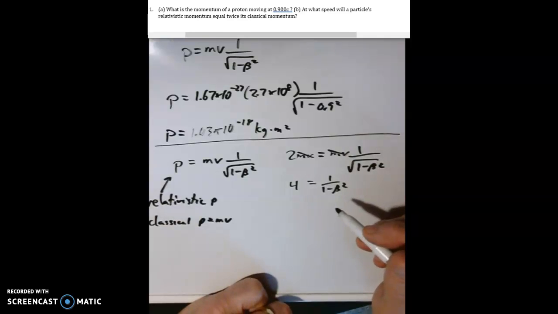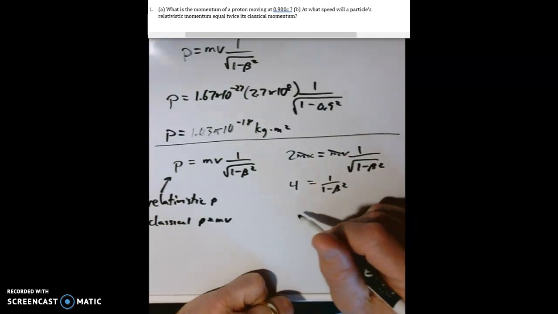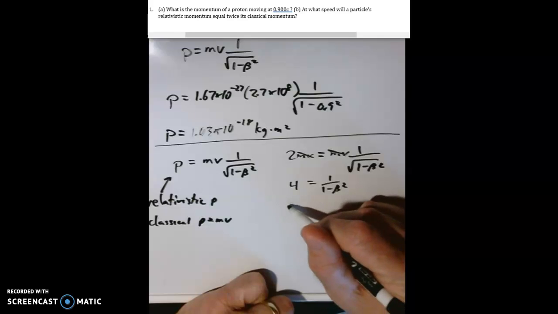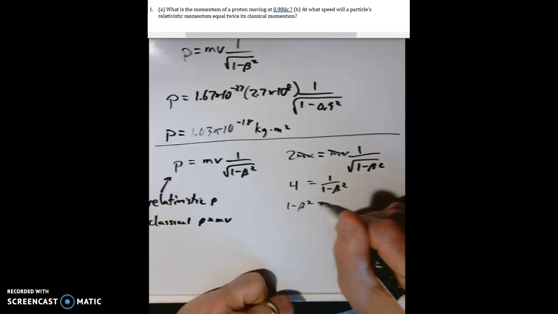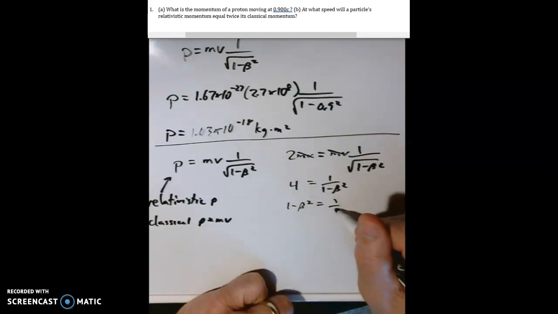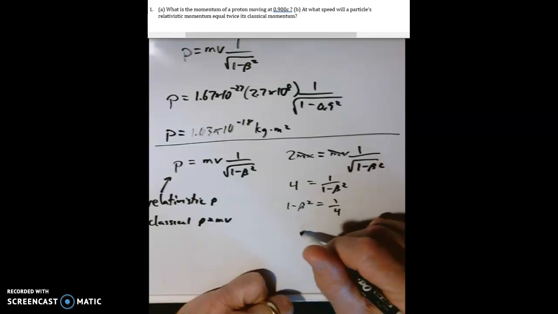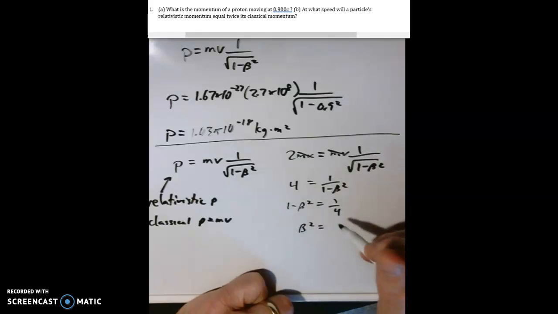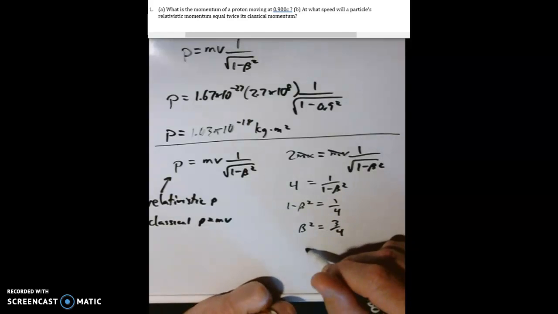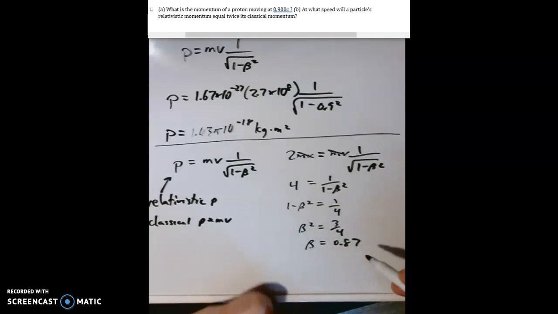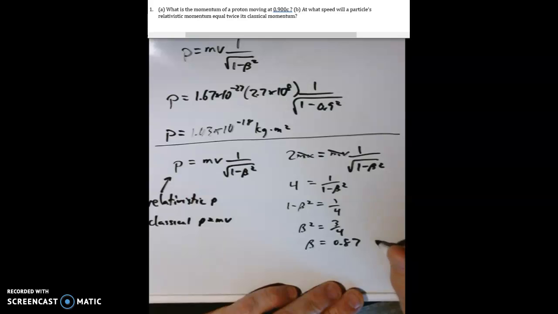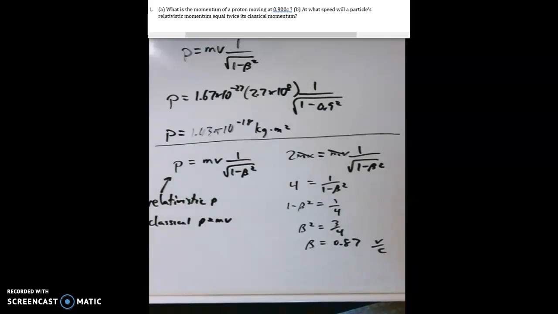I can rewrite that as 1 minus beta squared equals 1 over 4, or beta squared equals 1 minus 1 over 4, which is 3/4. Beta then equals 0.87, and that's the ratio of v to c.